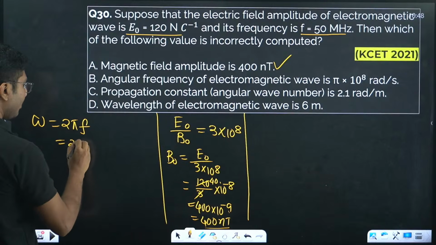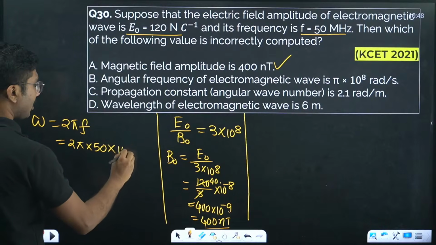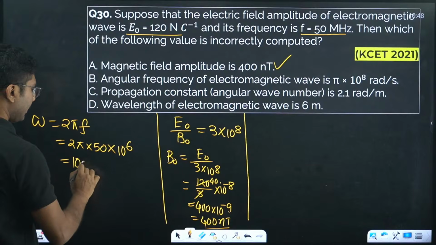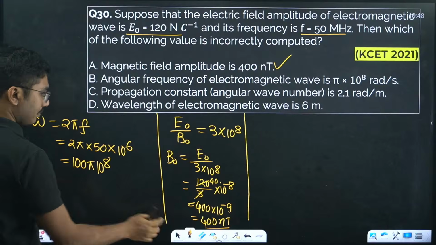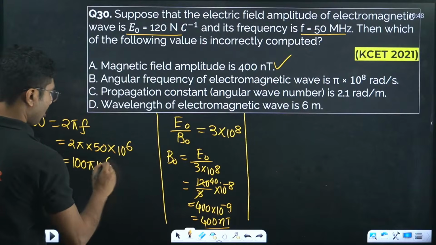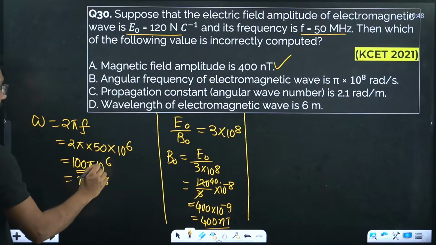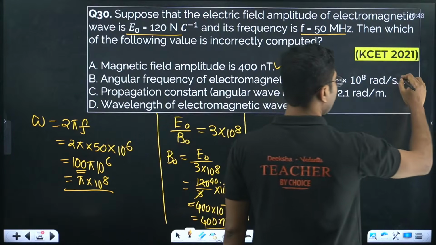So 2 into pi into 50 megahertz, and megahertz means 10 to the power of 6. So it will be 100 pi into 10 to the power of 6, or pi into 10 to the power of 8. So pi into 10 to the power of 8 is also a correct option.